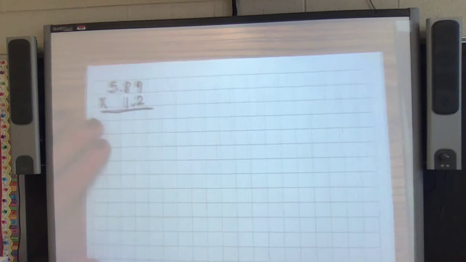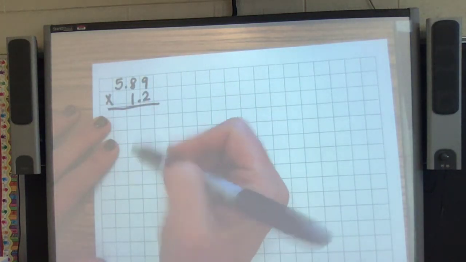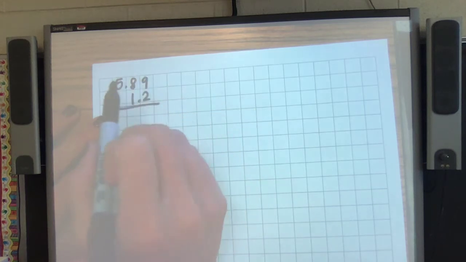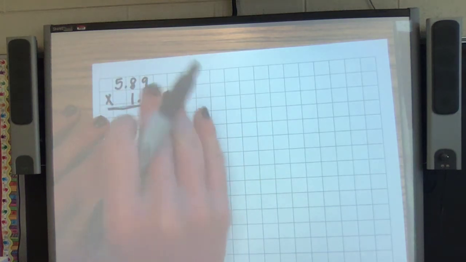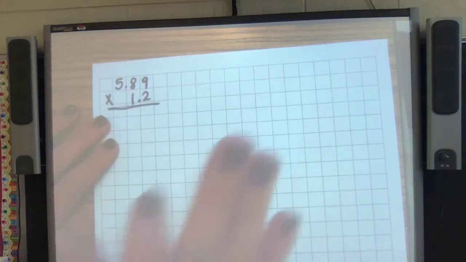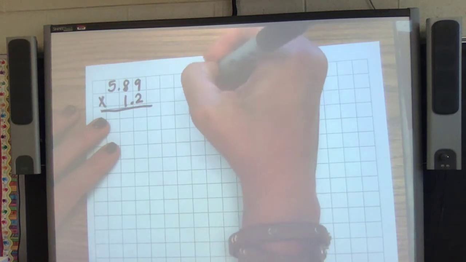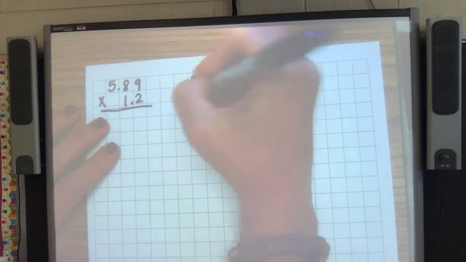Okay. Now you'll notice here that my decimals are not lined up. And there's no need to do that here, okay? Because we're going to put our decimal at the end of our answer wherever it makes sense. Now, you absolutely could write your problem like this.